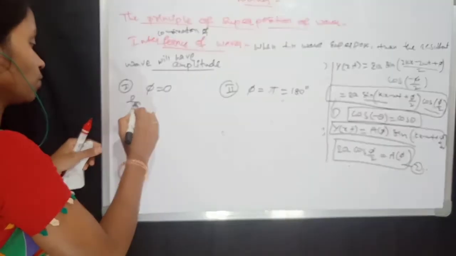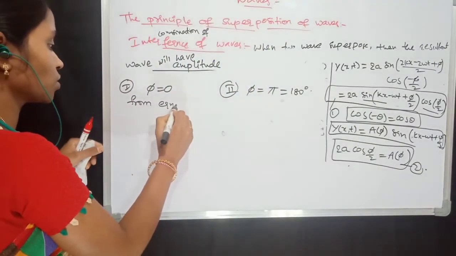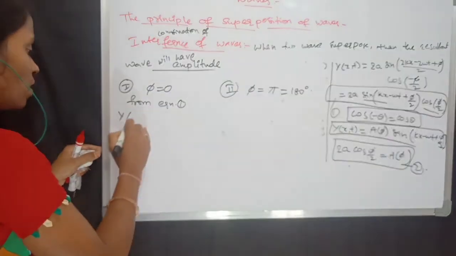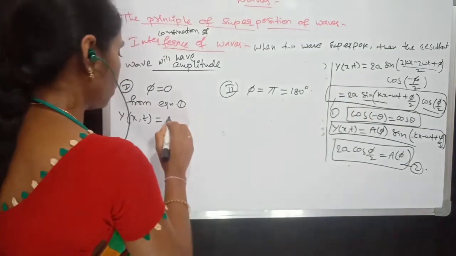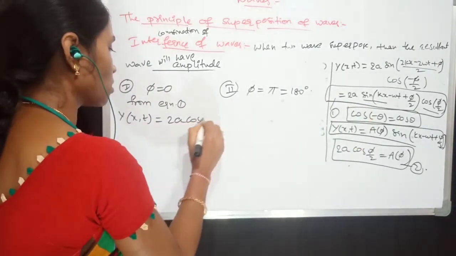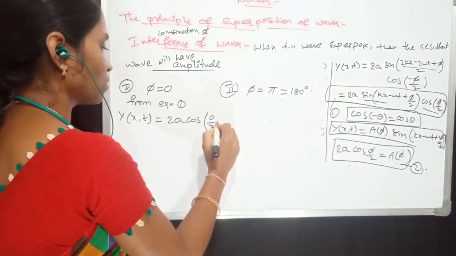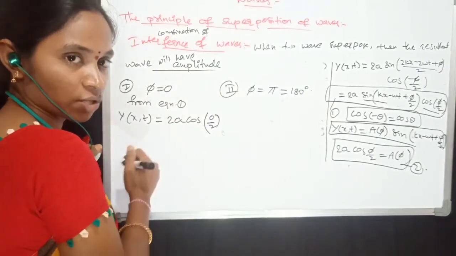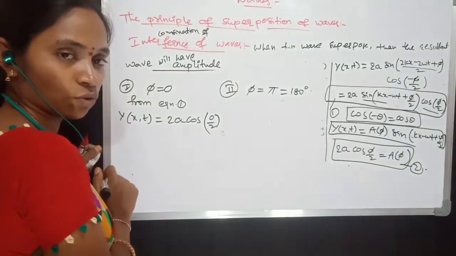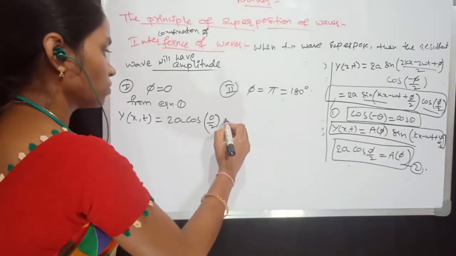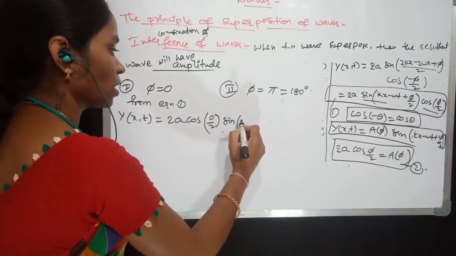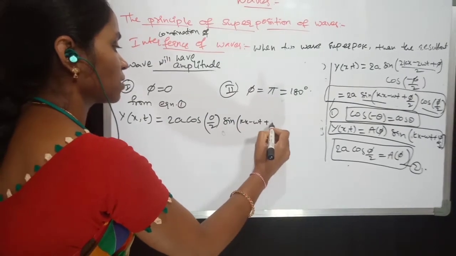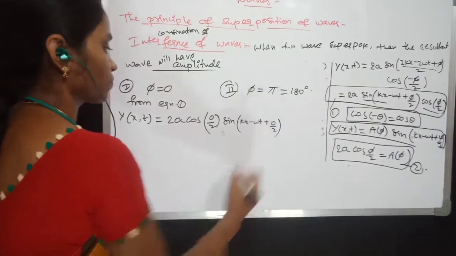From equation 1, y of x comma t will be equal to 2a into cos of 0 by 2. What is cos 0? Cos 0 will be equal to 1, into sine of kx minus omega t plus 0 by 2.